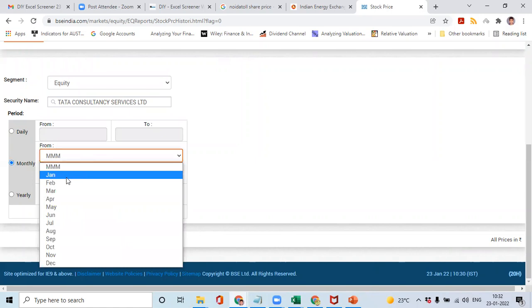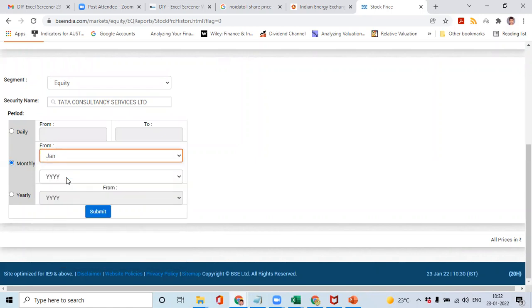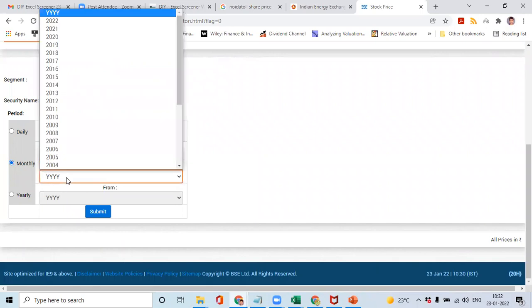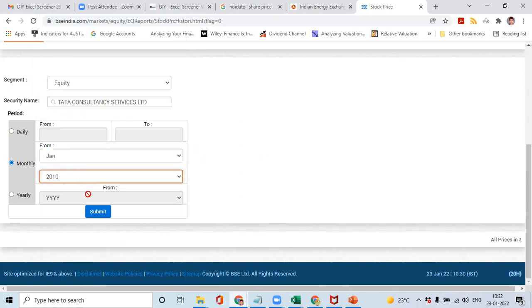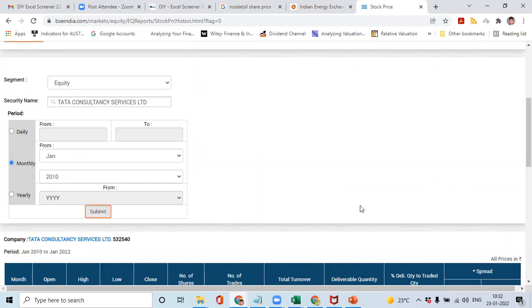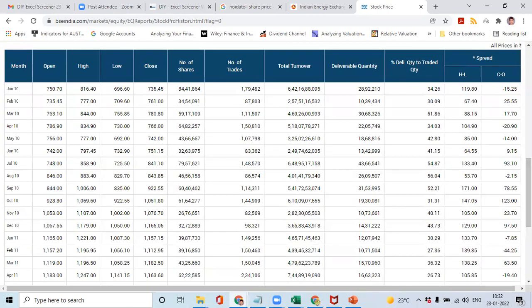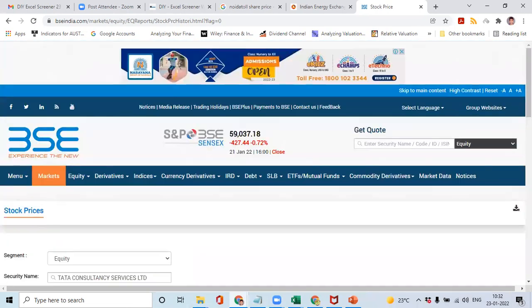So that's why I came to the BSE website. Let's say I want a 10 years history, right? So this is giving data from 2010. Download.